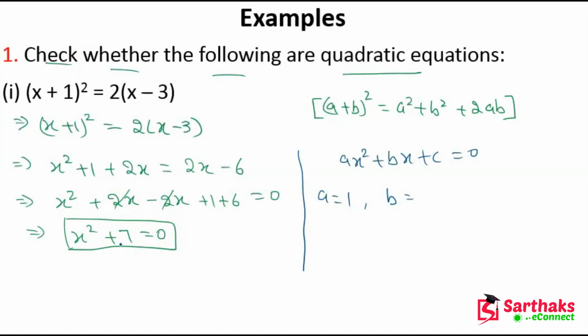In this equation there is no coefficient of x, so we can write it as 0, because we can write this equation as x square plus 0 dot x plus 7 is equal to 0. If we multiply 0 to any number or variable, it becomes 0. And we have c is equal to 7.